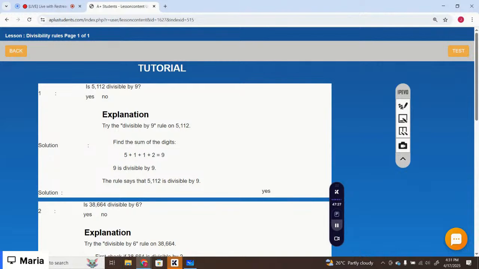The divisibility rule for every number is different. For 9, you have to sum up all the digits. If the sum is divisible by 9, that means the number is divisible by 9. So 5 plus 1 plus 1 plus 2 is 9, and 9 divided by 9 equals 1. So that means 5,112 is divisible by 9. Got it?